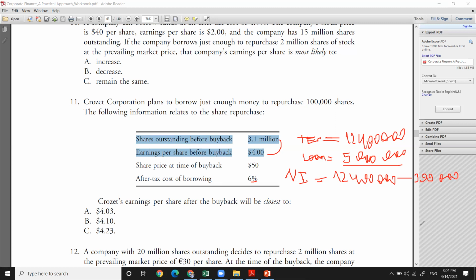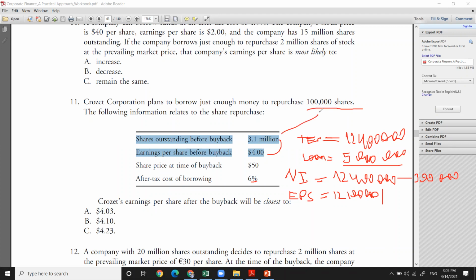And how many shares will be left outstanding after the repurchase in order to estimate the EPS? So 12,400,000 minus 300,000, which is 12,100,000, divided by 3,100,000 minus the number of shares that will be repurchased, which is 100,000.